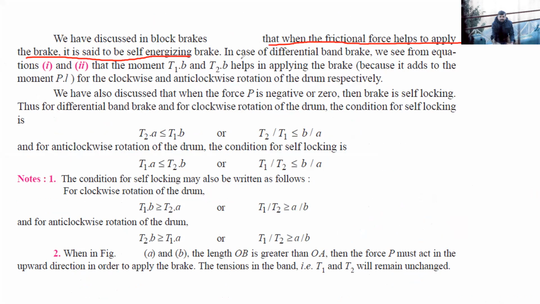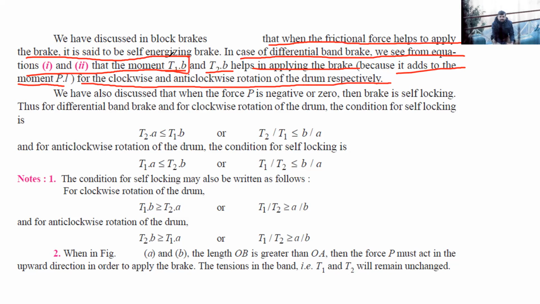In case of differential brake, we see from equations 1 and 2 that the moments T1B and T2B help in applying the brakes because they add to the moment P into L, for clockwise and anti-clockwise rotation of the drum respectively. So when it is rotating clockwise, this T1 into B is helping the braking system, and when it is rotating anti-clockwise, this T2 into B is helping the moment PL.